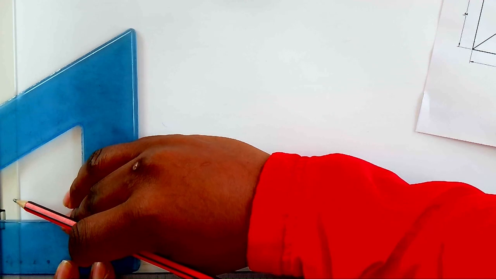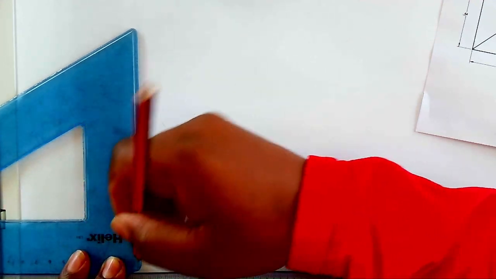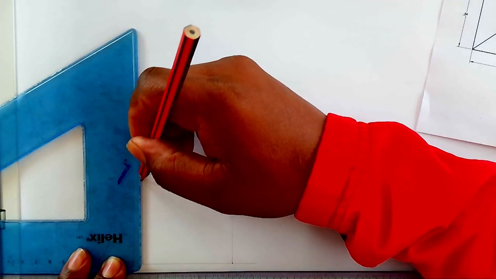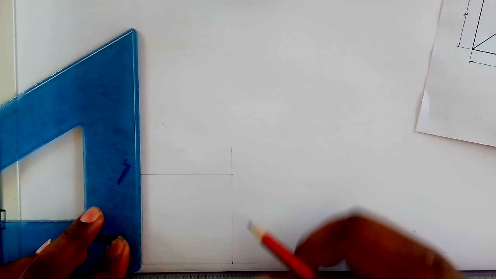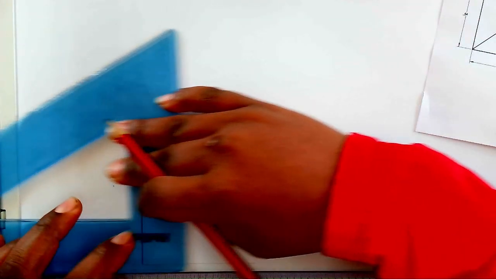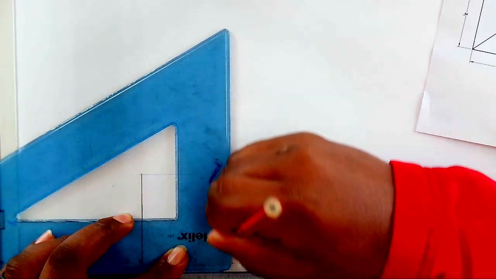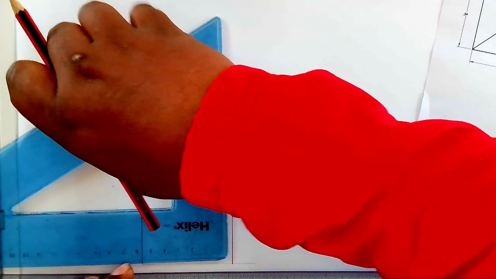All I need to do is to complete my top view. So now I can make it darker because I know where my boundaries are.